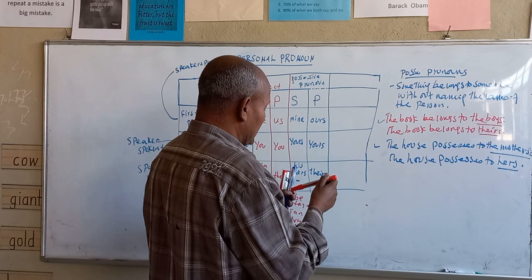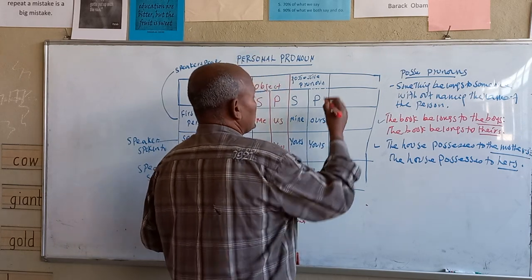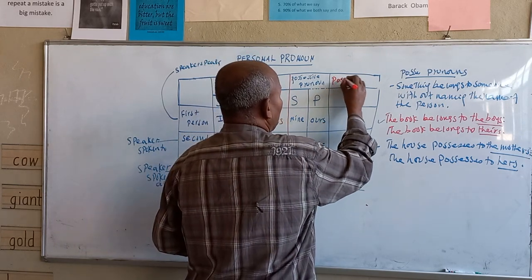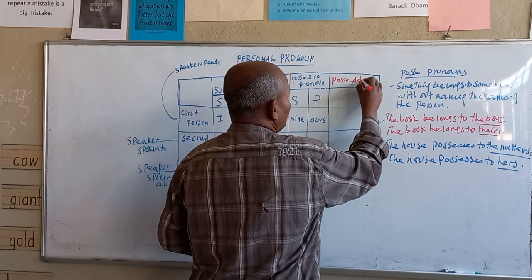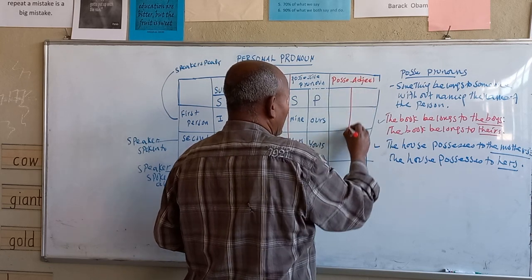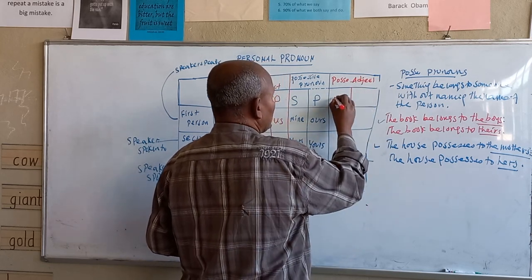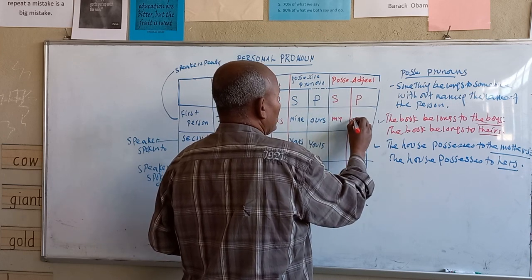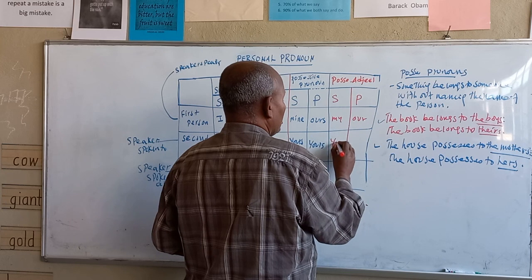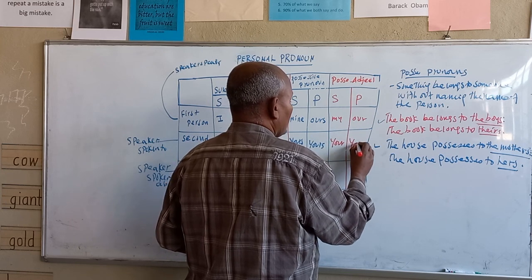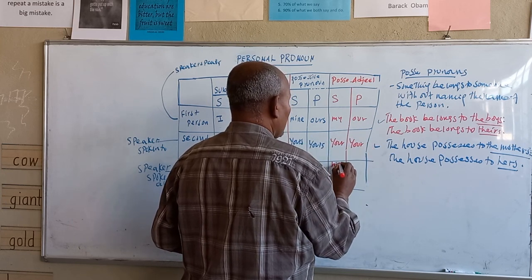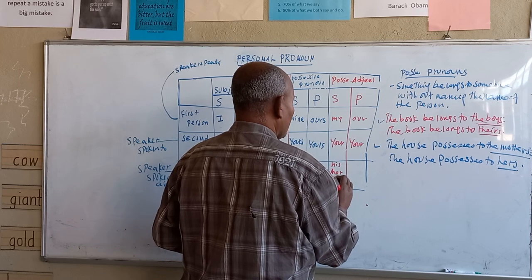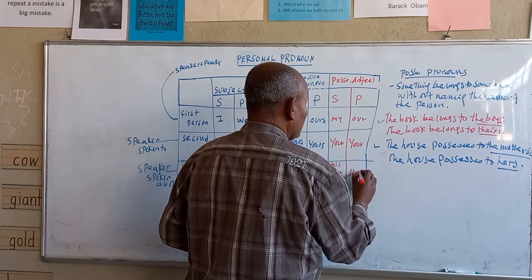The other part is the possessive adjective. It can be categorized into two, singular and plural. So this is my, and this is our, your, your, his, her, its, and their.